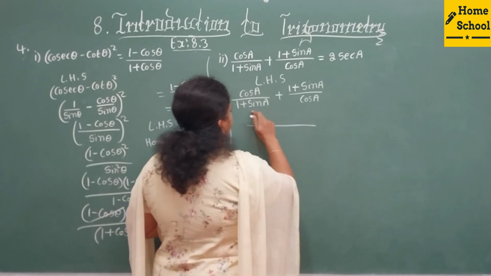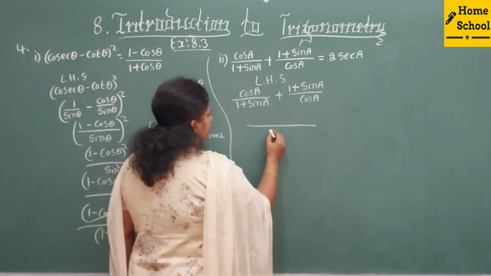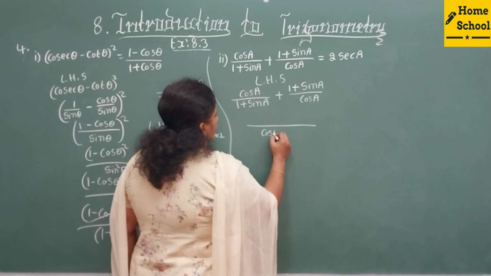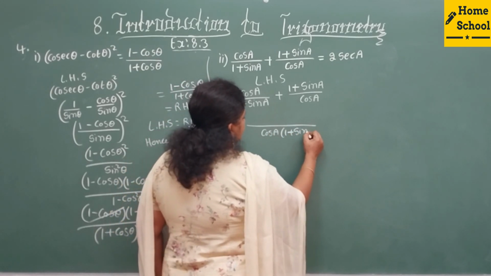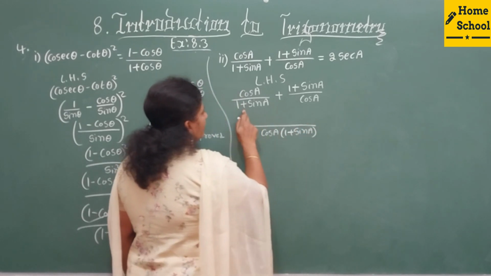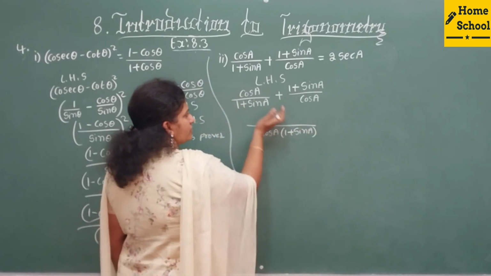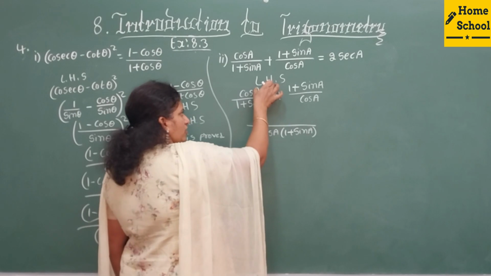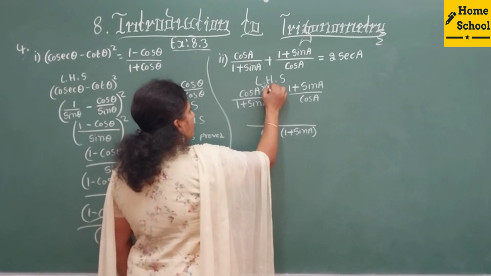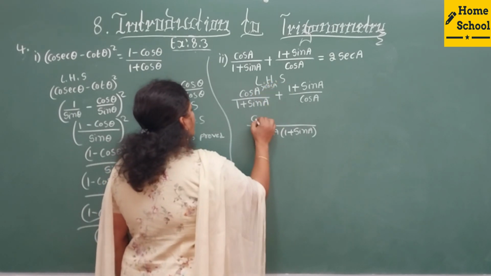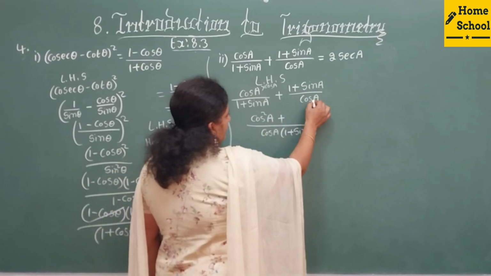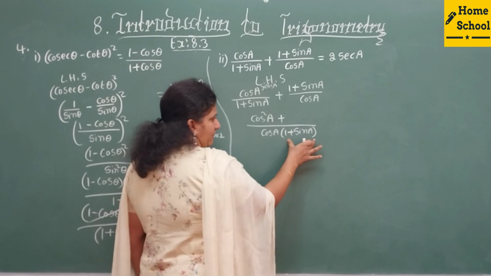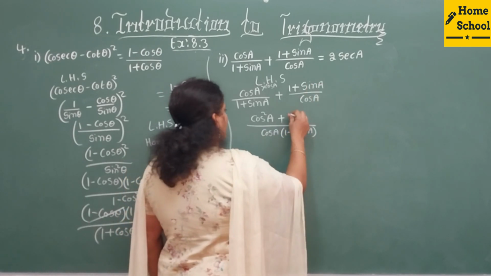The LCM for both denominators, 1 plus sin A and cos A, is cos A into 1 plus sin A. Here the denominator is 1 plus sin A, so multiply cos A for the numerator. That means cos A into cos A will be cos square A. In the same manner, here cos A is there, so multiply 1 plus sin A for the numerator.